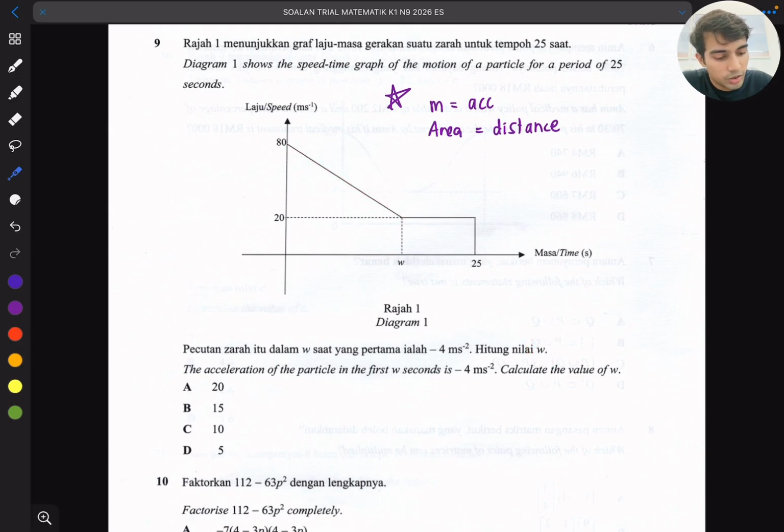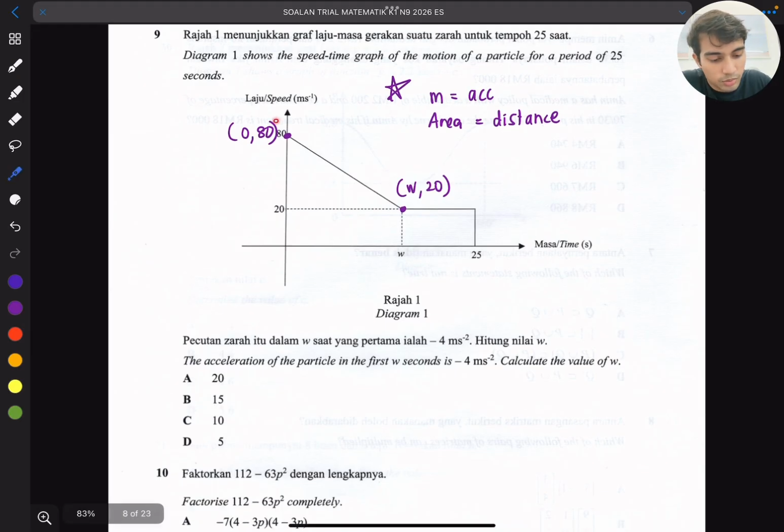Okay. So gradient, if you want to find it, there are many ways. Let's just use the coordinate way lah. So this coordinate and this coordinate: this one will be 0, 80. This one will be x is W, y is 20. So we can say y2 minus y1 over x2 minus x1, which is the gradient formula. So gradient is -4.